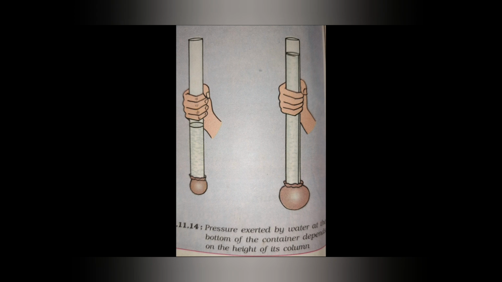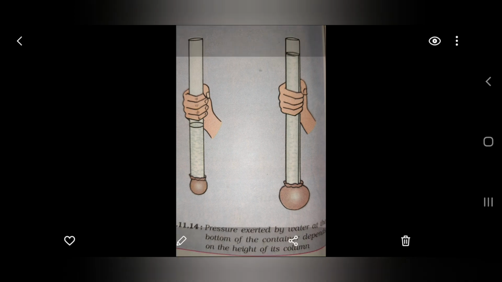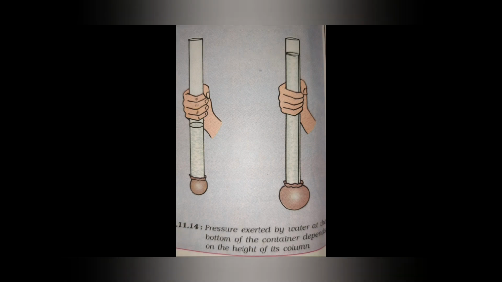Why? That is due to the pressure exerted by the liquid taken in the tube. When the level of water in the tube increases, the pressure will also increase and thereby the balloon will bulge more. From this, we can understand that the pressure exerted by water at the bottom of the container depends on the height of its column.